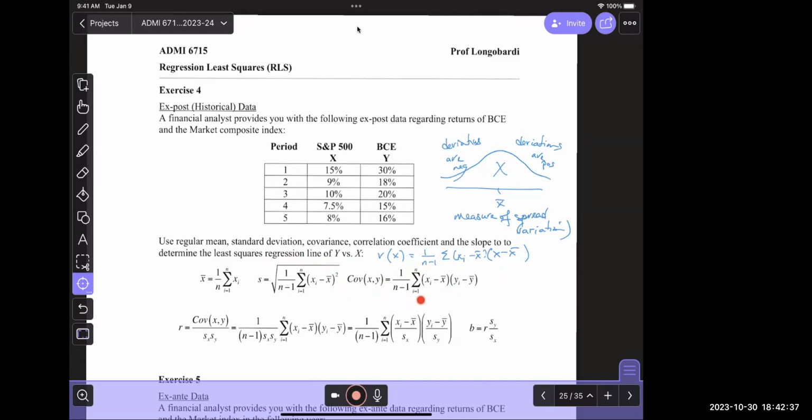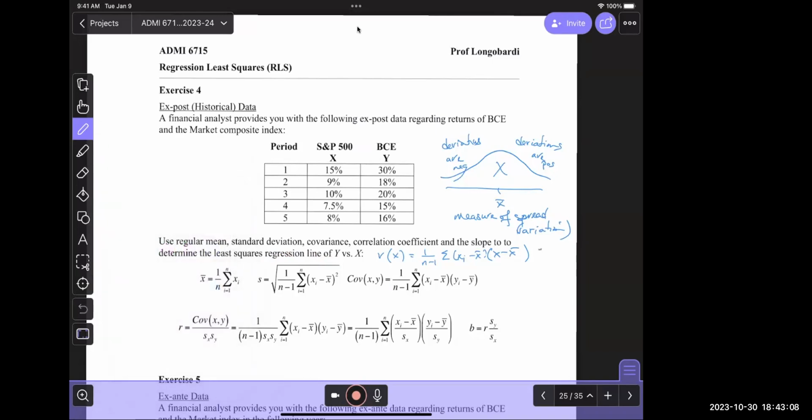Does anybody know why we don't do that here? Well, first of all, let's see, why do we do that here? Why do we take the square root for the standard deviation? It's all about the units.